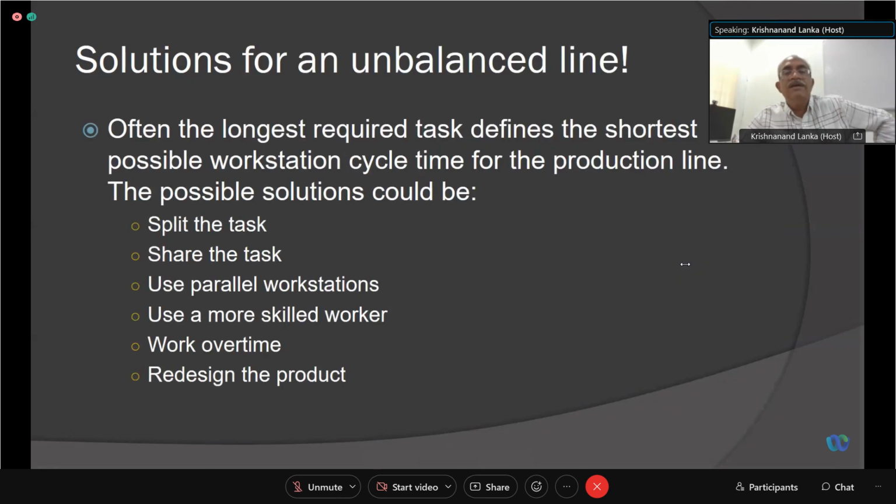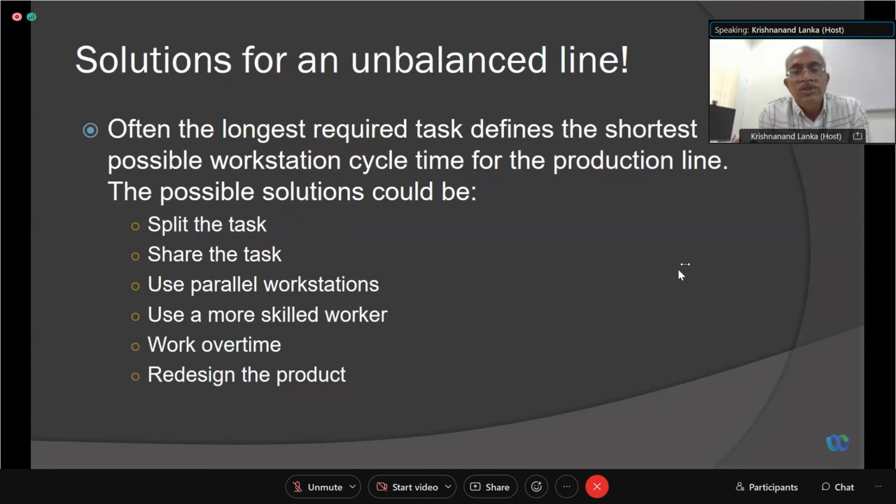So say, for example, what are the solutions for an unbalanced line? Often the longest required task defines the shortest possible workstation cycle time for the production line. So how do we do it?